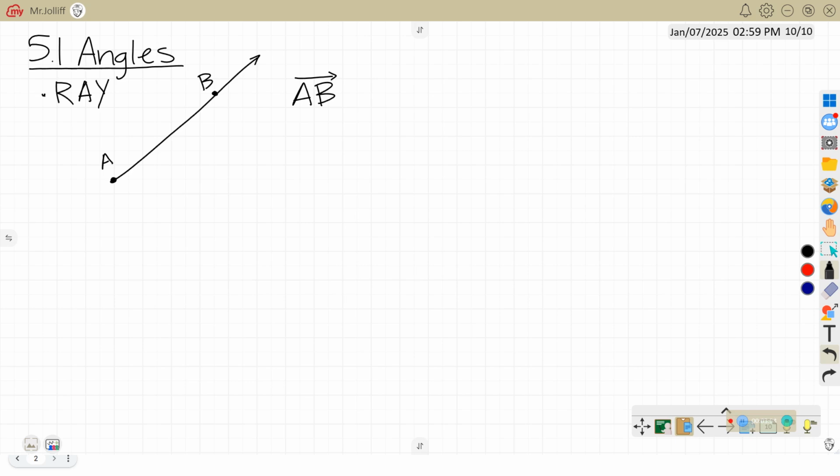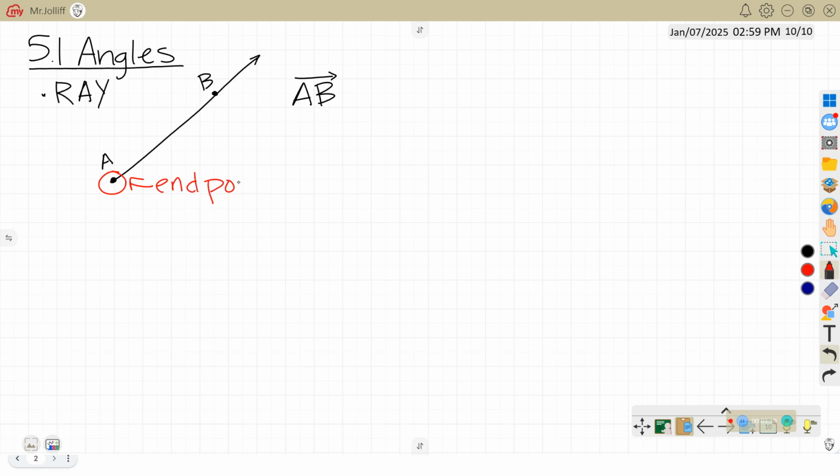Can I call that ray BA? No, BA would point in the other direction. So for ray names, because they only extend in one direction, it's really important that we list the endpoint first. So this point here is called the endpoint.